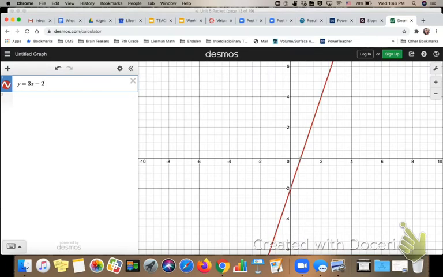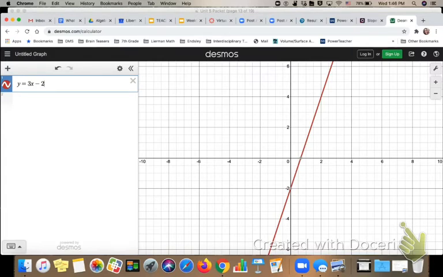If we go back up to the top under transformations, if we're trying to move an equation or a graph of a line up or down on our coordinate plane, we need to change the y-intercept. It is asking us to move our function up 4 units. So we would need to add 4 to our y-intercept.